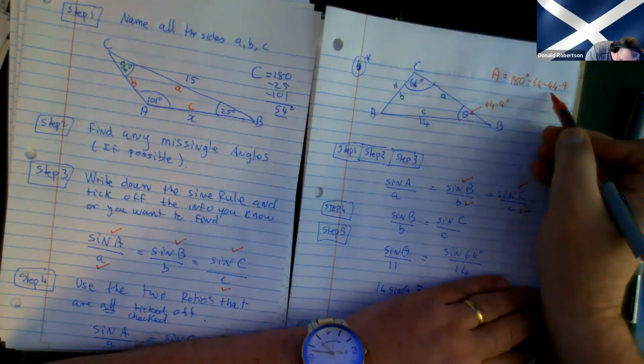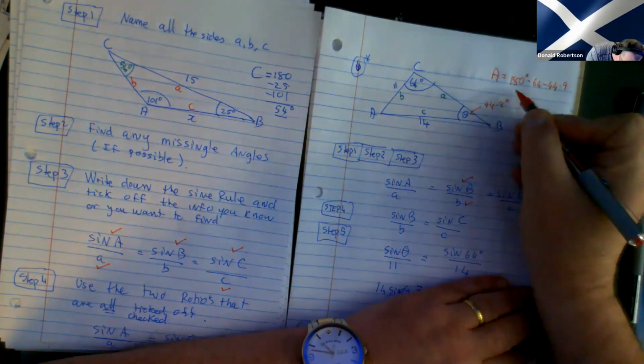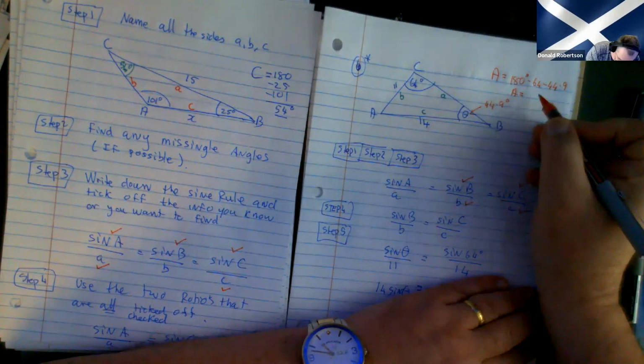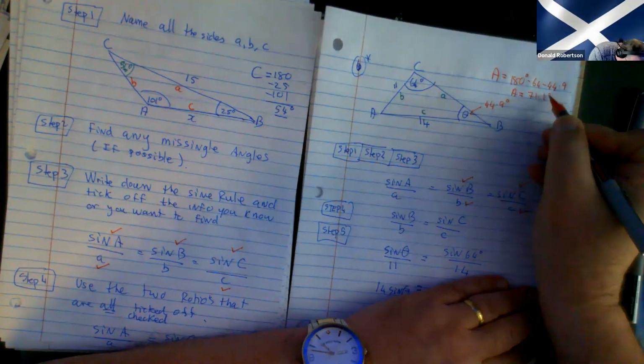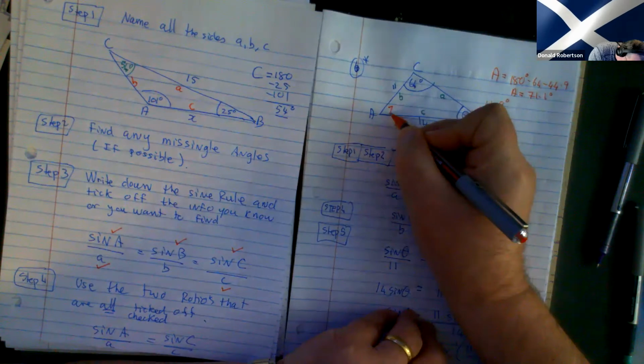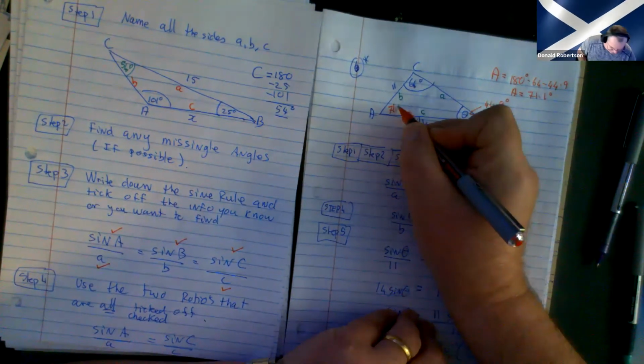So that's 108.9. So 180 minus 108.9 gives me 71.1 degrees. So I now know 71.1 degrees.